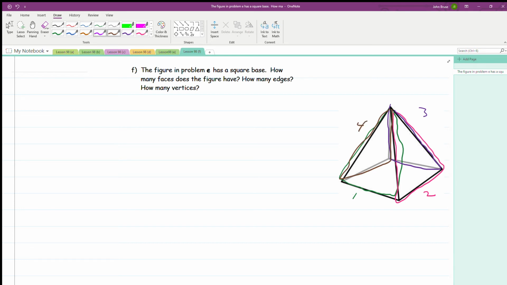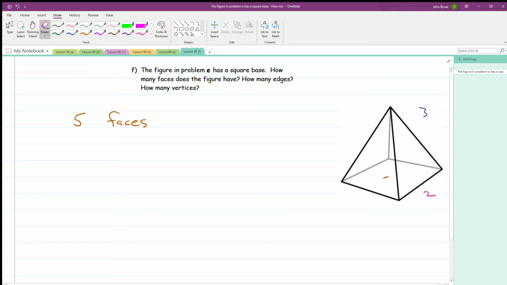And then we have this bottom face down here, and that is five. All right, so we would write 5 faces. We're going to go ahead and erase this stuff.